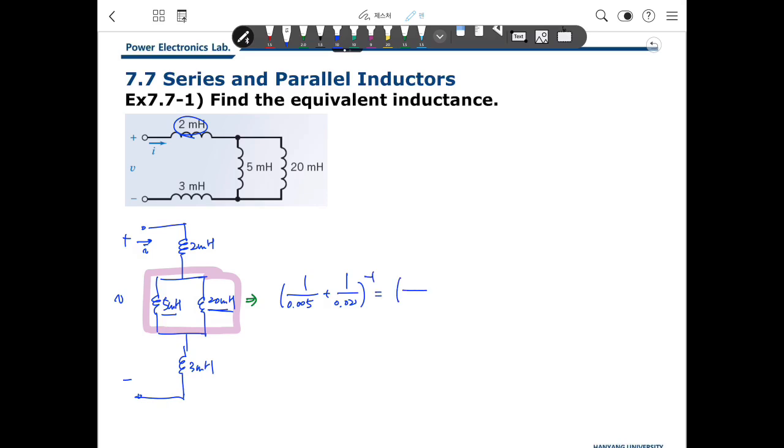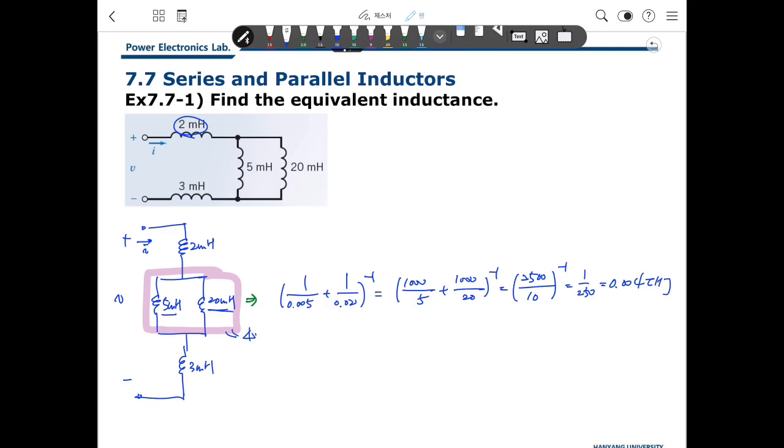That is 1 over 5 thousandths plus 1 over 20 thousandths, inverse, which is 0.004 henry.